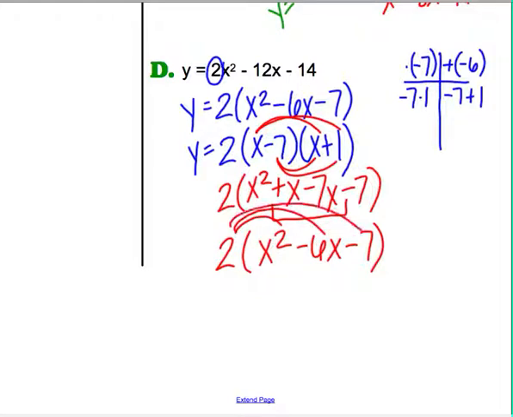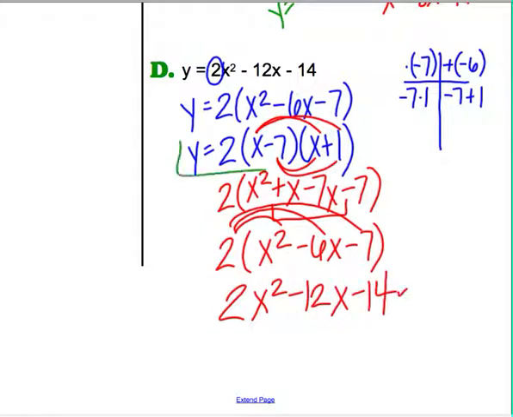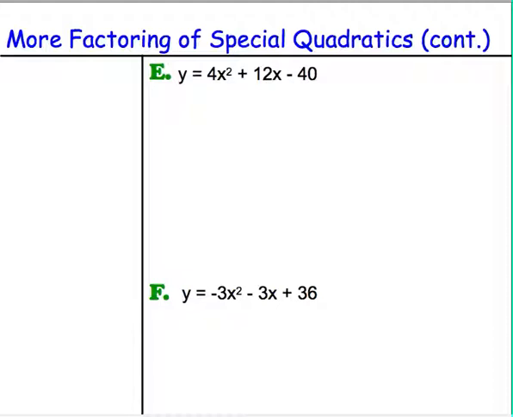Distribute that 2 in, you get 2x squared minus 12x minus 14, which is what we started with, therefore making this my correct solution. I want you to pause the video now, try out these two problems, and then come back and see how you did.